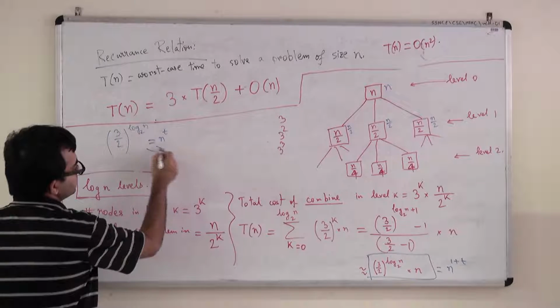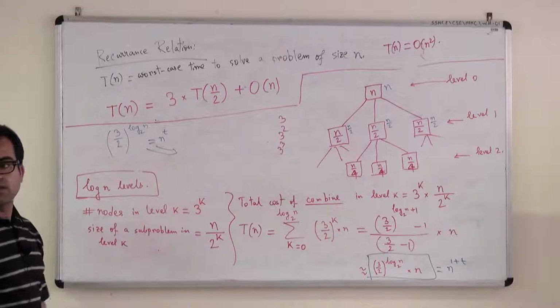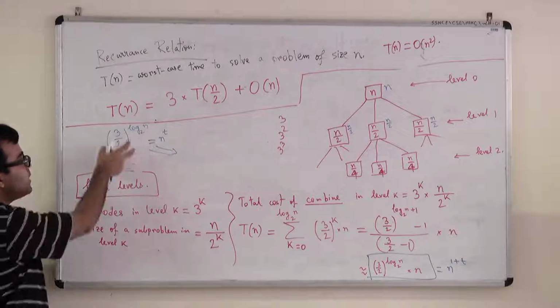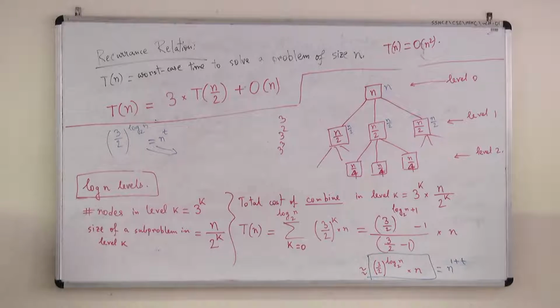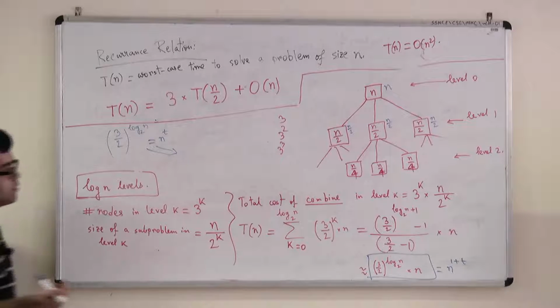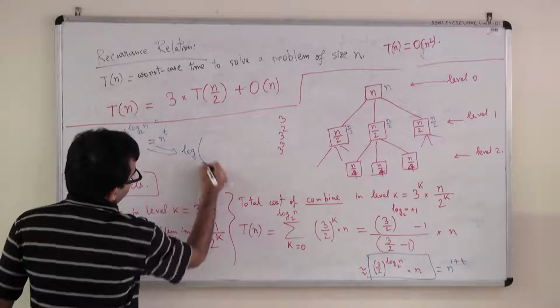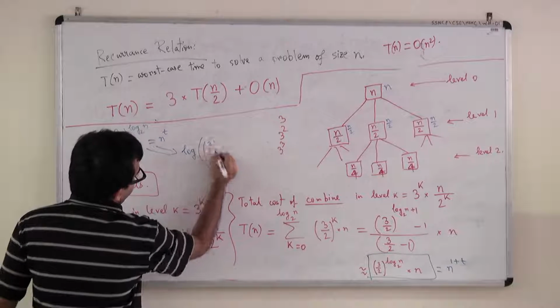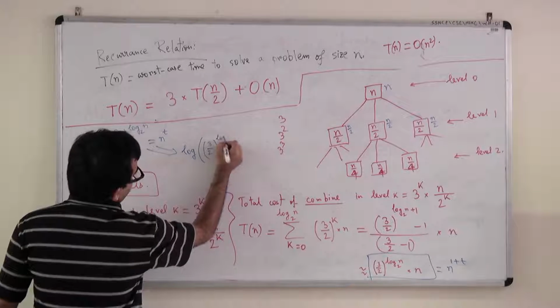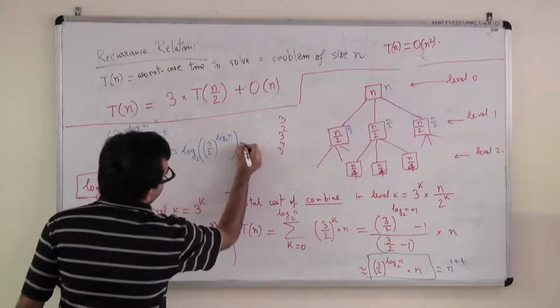So how will you know this? Just take log on both sides. What will be the left hand side? Log of (3/2) to the power log n, with log to the base 2.